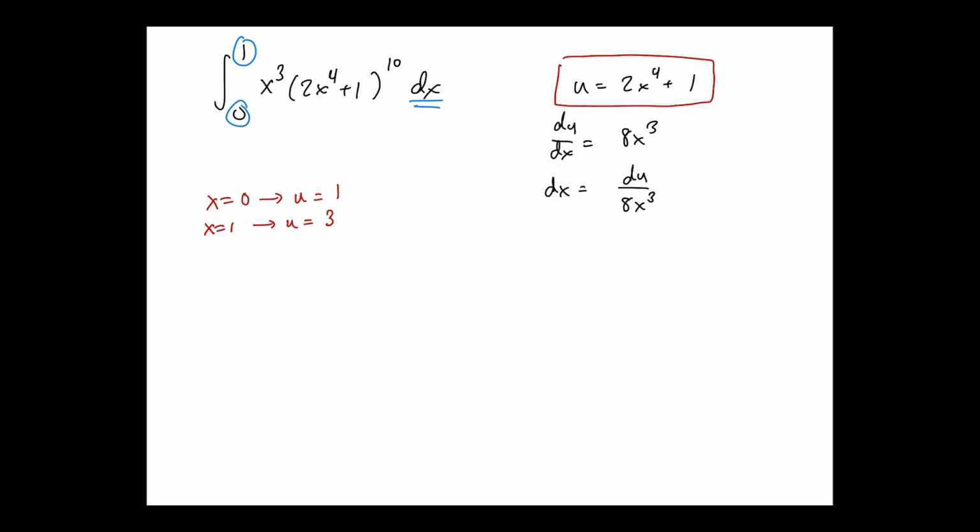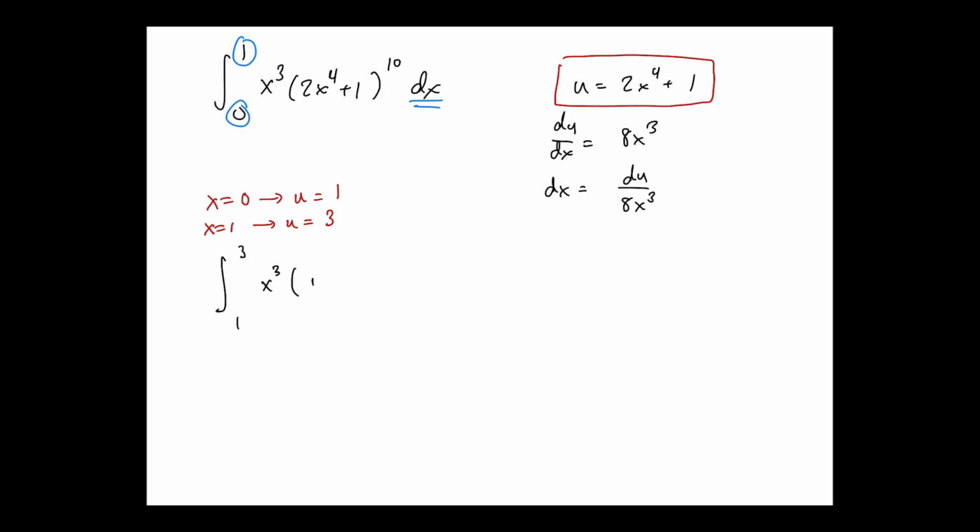Okay, so now when I write the new integral, it goes from 1 to 3 because it's going to be something, something, something du. So I've got x to the 3rd. What's the stuff that's inside the parentheses? What did I call that?